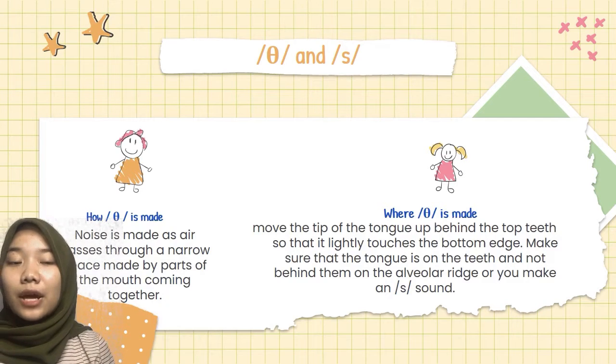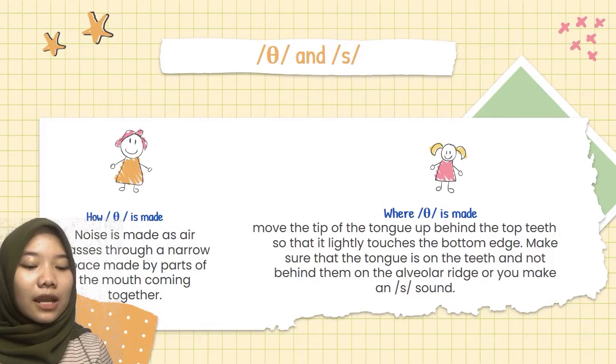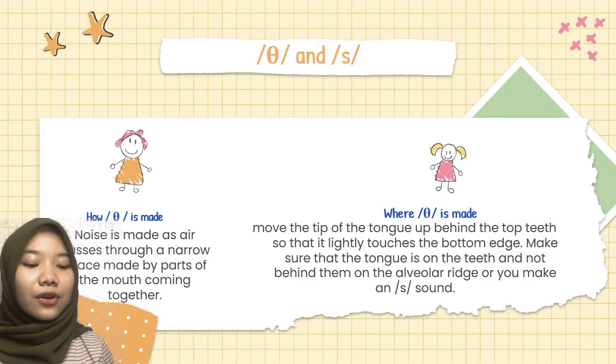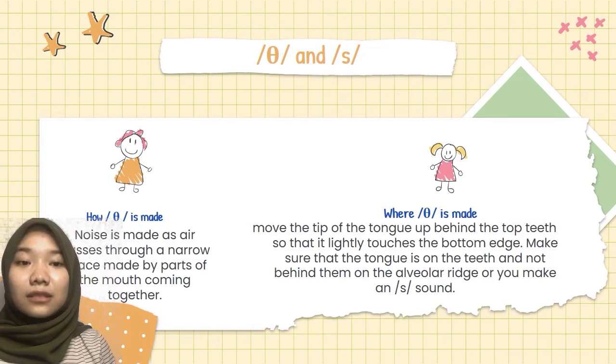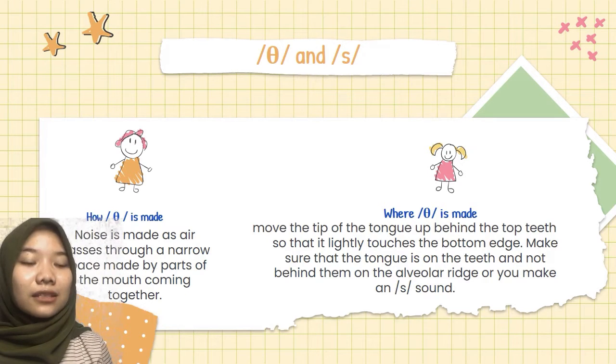Okay, next is where the is made. To make this consonant, move the tip of the tongue up behind the top teeth so that it lightly touches the bottom edge. Make sure the tongue is on the teeth and not behind them on the alveolar ridge or you make a different sound.